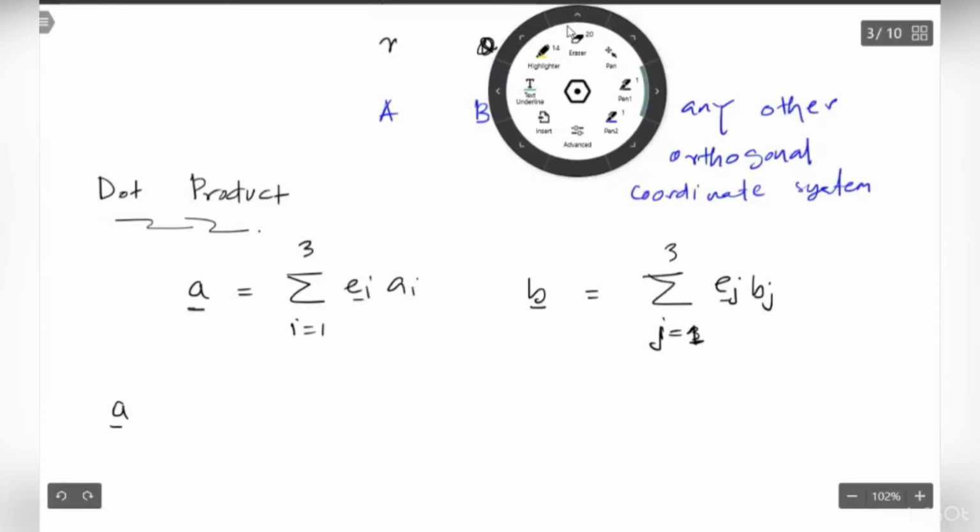Okay. So A dot B. What you know before is that the dot product between two vectors will be the magnitude of A multiplied by the magnitude of B multiplied by cos theta, where theta is the angle between A and B.